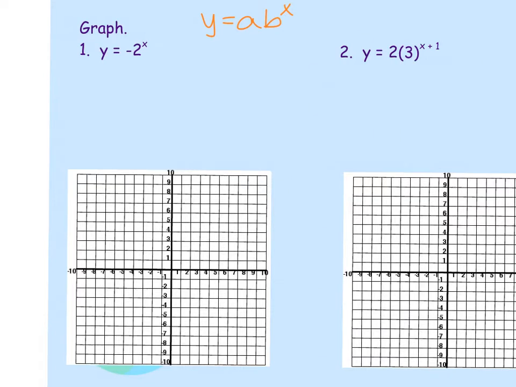In this example, y equals negative 2 to the x, notice the negative isn't in parentheses. What this actually means is that the a value is negative 1, and the base is 2 to the x power. Since a is negative 1, we know that this graph should reflect over the x-axis. The curve will actually open upside down.